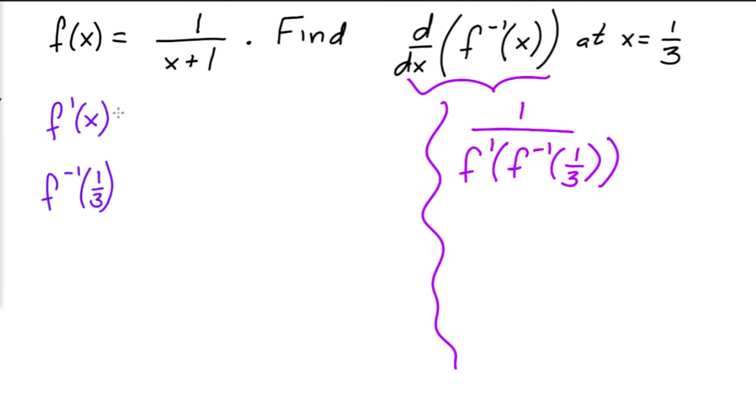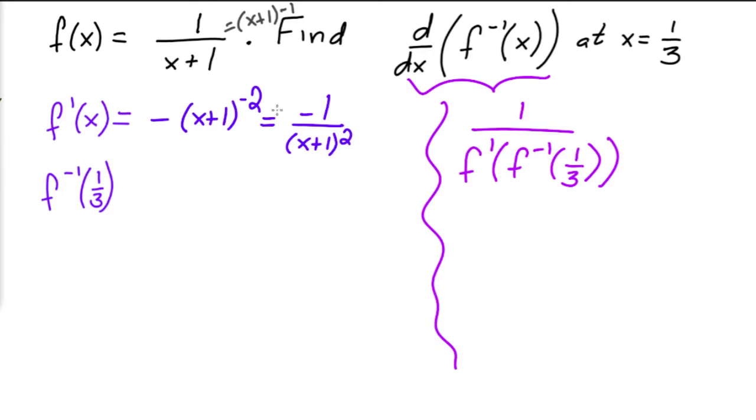So f prime of x, to get the derivative of this guy, the easiest way is to rewrite this as x plus 1 to the -1. You can also use the quotient rule, but this is a little bit easier. So I'm going to do the chain rule here, which is going to give me minus x plus 1 to the -2, which is -1 over x plus 1 squared.